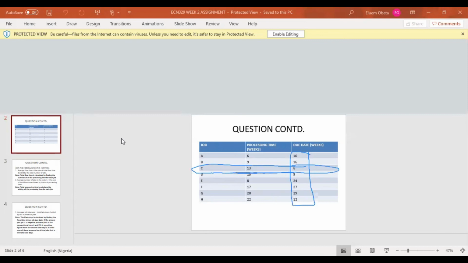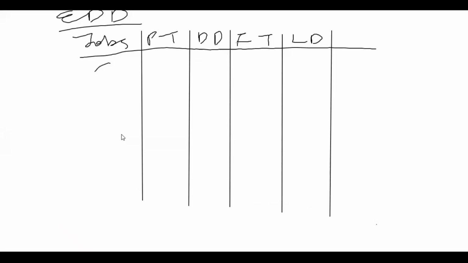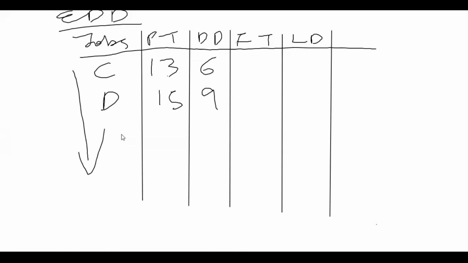The second one would be B, which has 9 as the due date, so B 15.9 as the second row. So C 13.6, B 15.9, and then like that until the end. You just keep going until the one with the farthest due date.